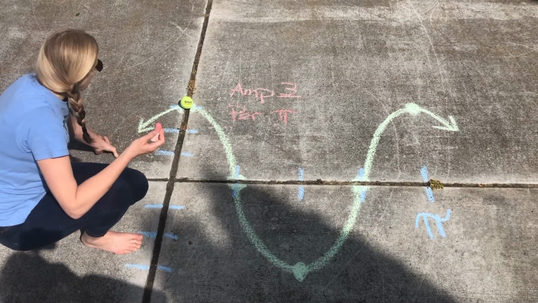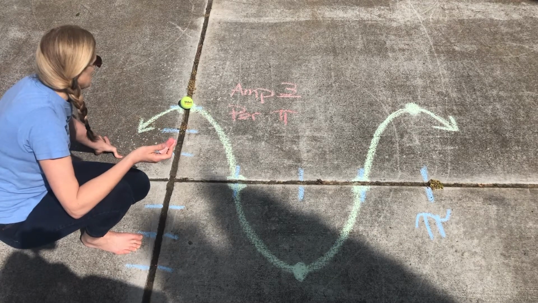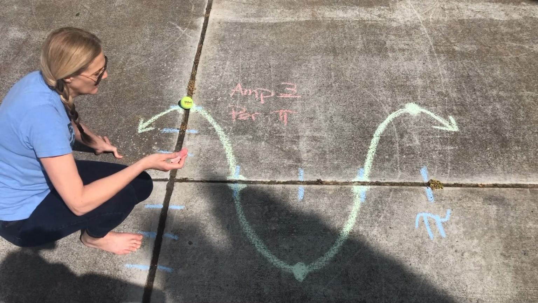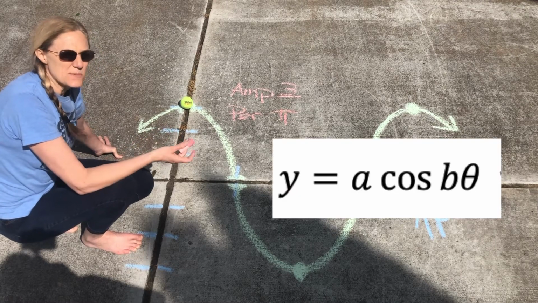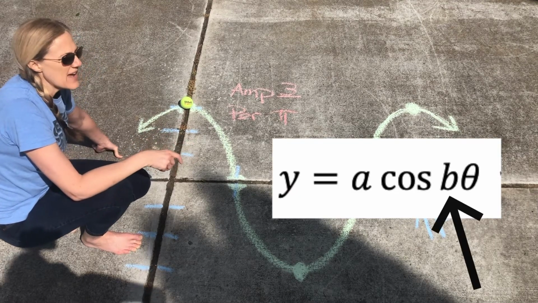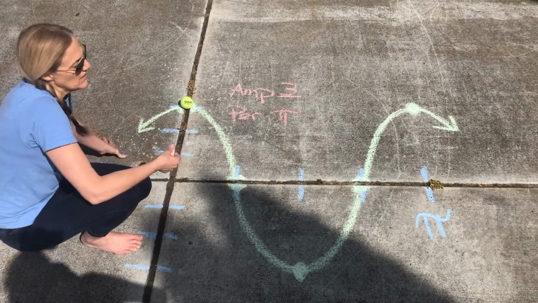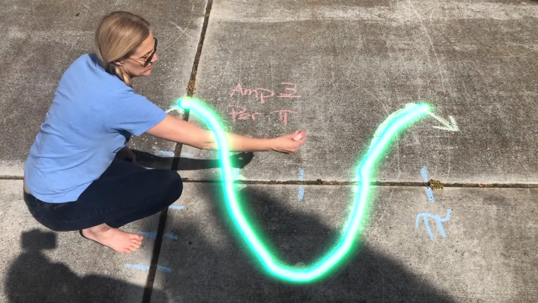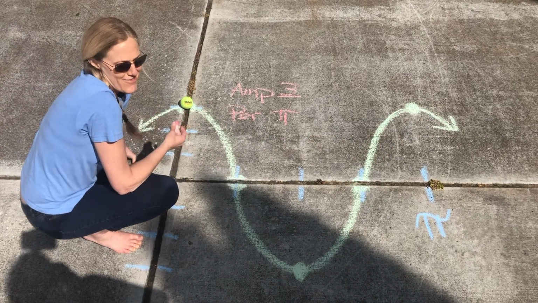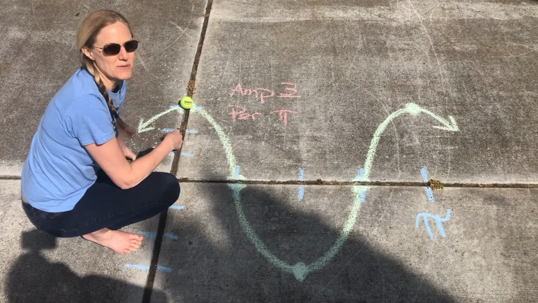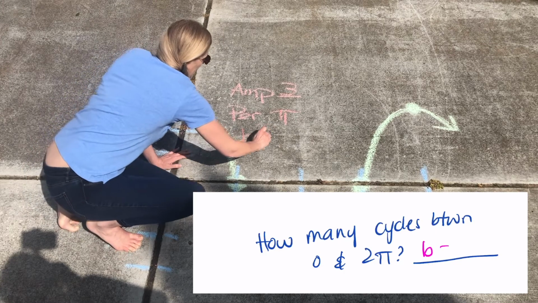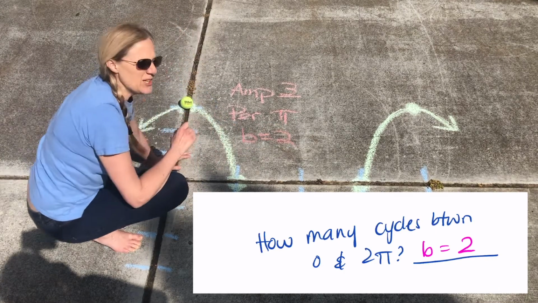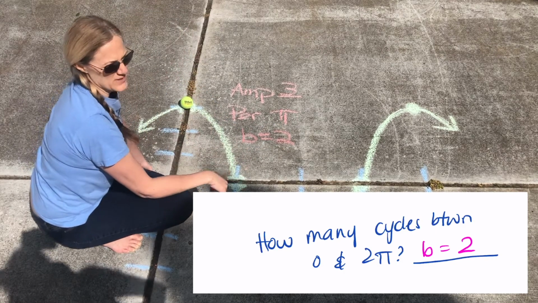How many cycles between 0 and 2 pi? Oh, yeah, I need that for my equation because that's b. So I need the number of cycles between 0 and 2 pi. If 1 cycle is between 0 and pi, there are 2 cycles between 0 and 2 pi. So b is 2. But what if it was harder than that?